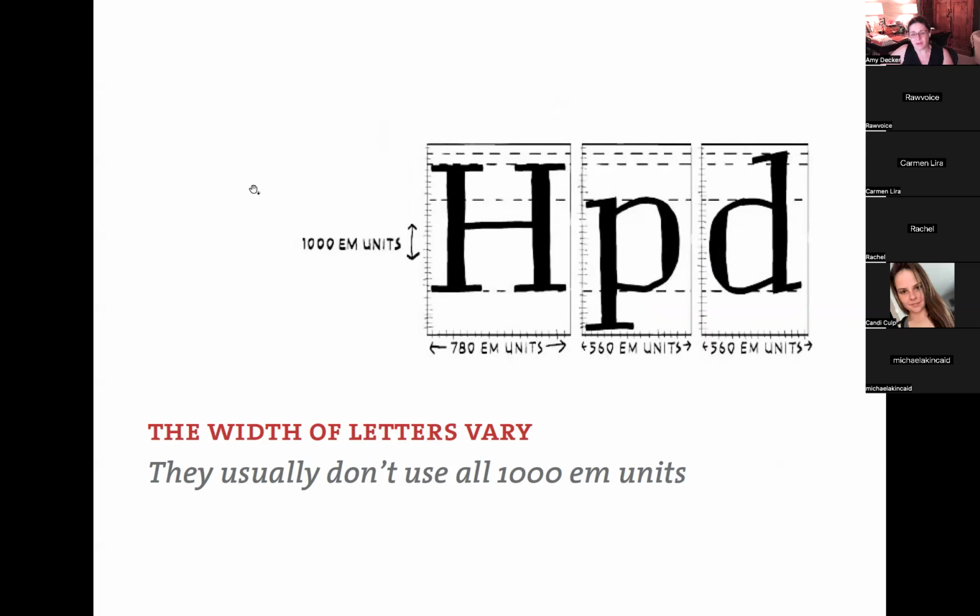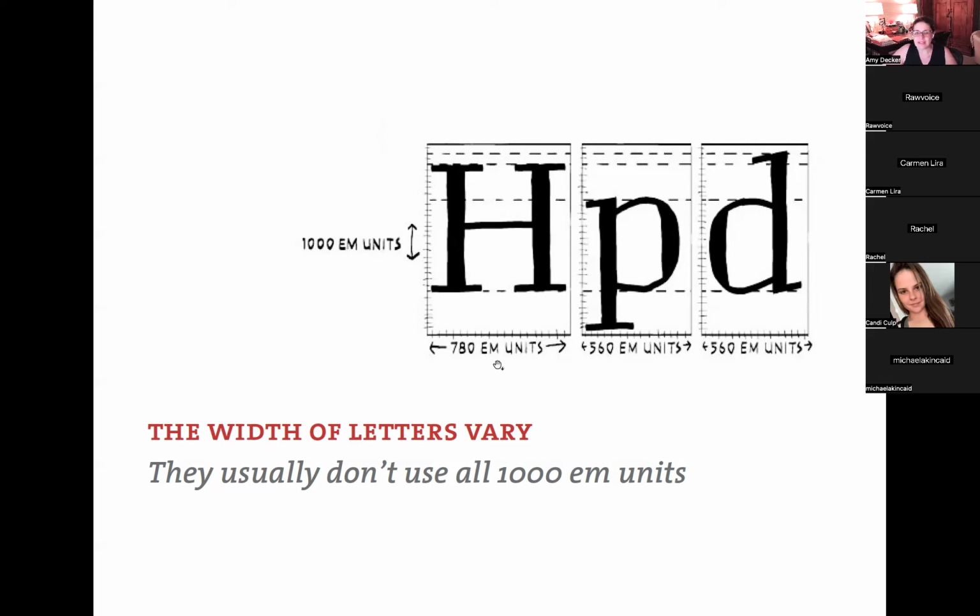The width of the letters varies, because obviously a capital H has a different width than a lowercase p, and a W has a different width than an I. So the idea is that not all letters use the whole M unit. Only the widest letter is going to actually use the whole M unit.